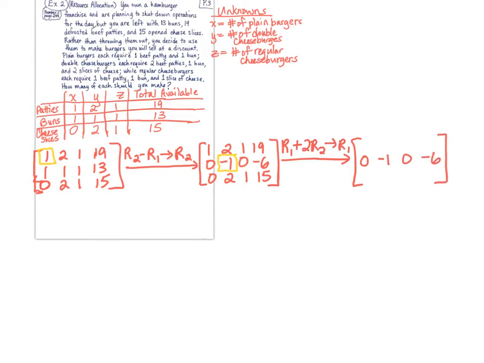Now row 1, we're doing row 1 plus 2 row 2. So 1 plus 2 times 0 is 1. Good. 2 plus 2 times negative 1 is what? 0. Good. Then you have 1 plus 2 times 0 is 1. Good. And then the last entry, what are you going to get?